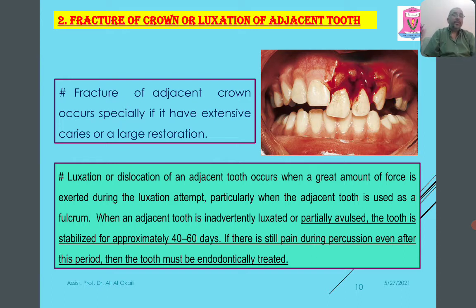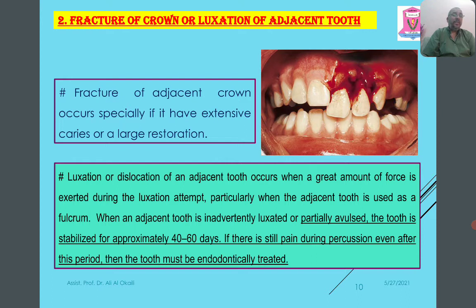So luxation or dislocation of the adjacent tooth occur when a great amount of force is exerted during the extraction process, particularly when the adjacent tooth is used as a fulcrum. بالذات احنا دائما قلنا نستعمل الفولكرم هو الالفيولار بون، مو تستعمل adjacent tooth as a fulcrum for extraction.